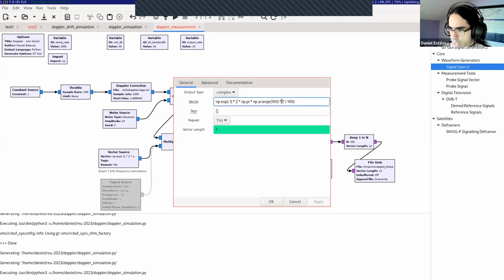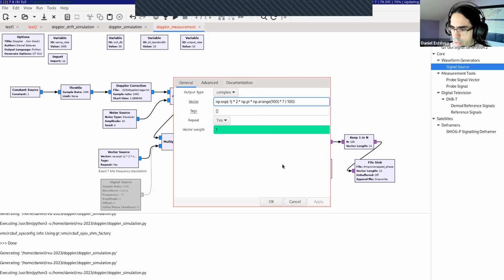So this is what I have here. 7,000 divided by 100,000, the thousands cancel out. And since I have a 100 on the denominator and the exponential is 2 pi periodic, I can go up to 100 here and then it repeats. So sample 101 would be exactly the same as sample 1, etc.